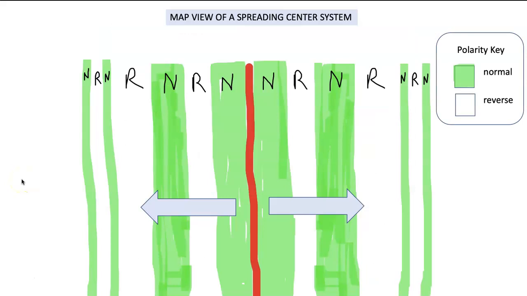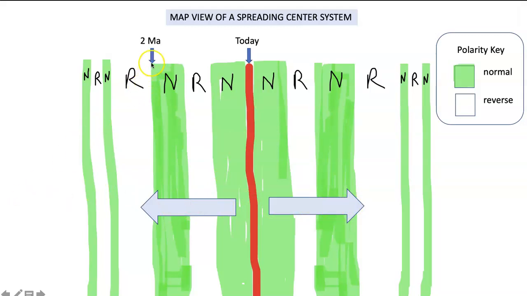Here I've drawn a seafloor spreading system map view looking down, and I've got a key for polarity, so everything in green is normal polarity ocean crust, and everything in white is reverse polarity. This red region right here is where today there's brand new seafloor being created, and the 2 sides of the boundary are moving as shown by the arrows.